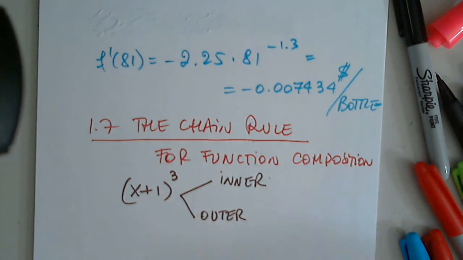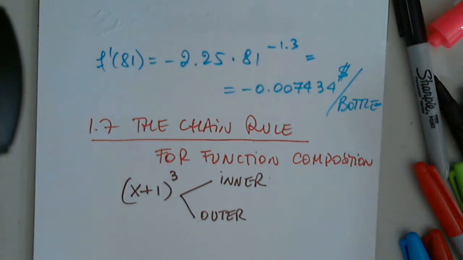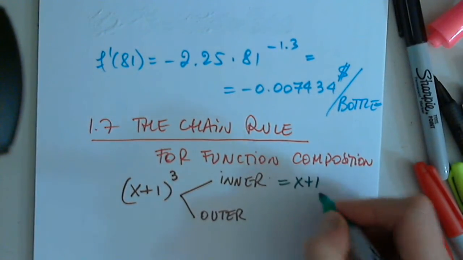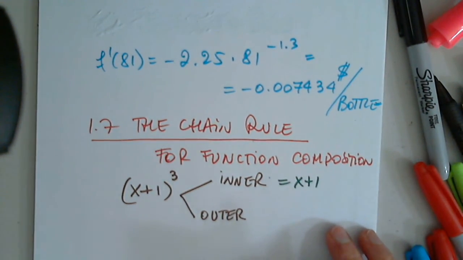If anyone remembers, what is the inner function, the function that I will evaluate first, and what is the outer function, the function that I would evaluate last? The inner is x plus 1. Very good. She remembered. Thank you.